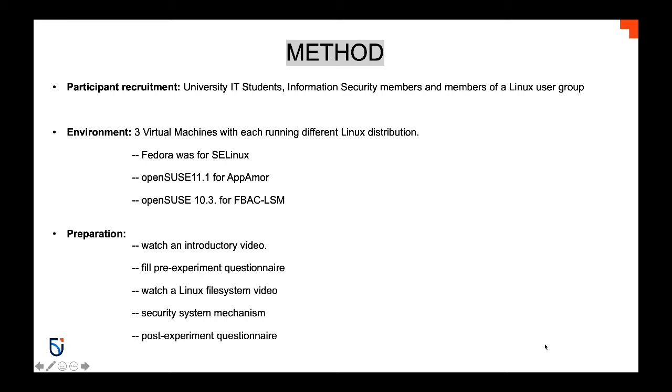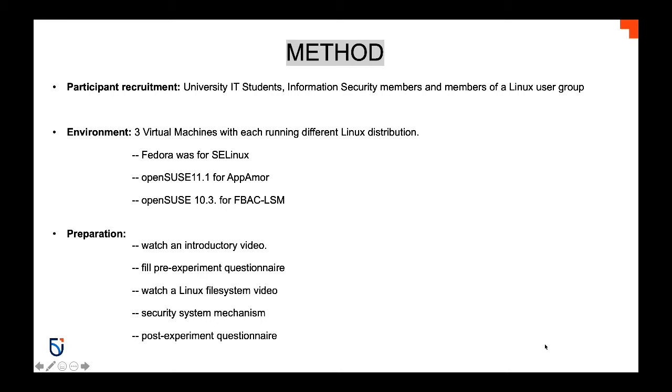In order to carry out this usability study, they had to recruit participants, mainly those from an IT background, that is IT students in university, information security association members, and even members of Linux user groups. After the recruitment was done, they had to prepare the environment that would be used for the experiment.